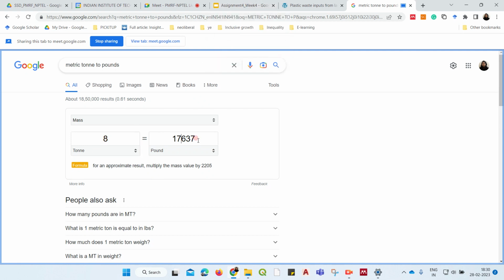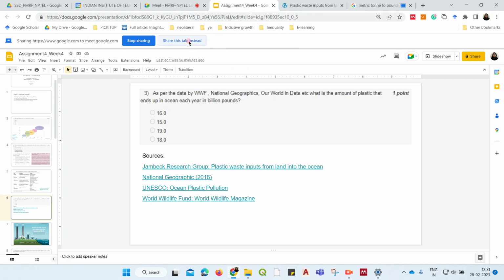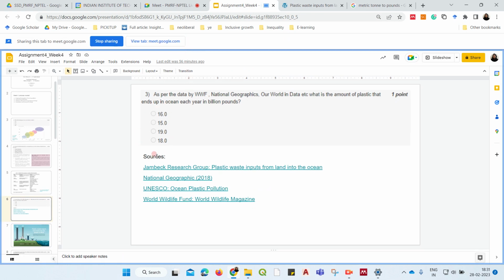So 8 million metric tons will be around 17 million pounds into 1,000. So 17 million into 1,000 is 17 billion. So a little over 17 billion pounds. That is what you get. So seeing the options here, the closest answer would be 18.